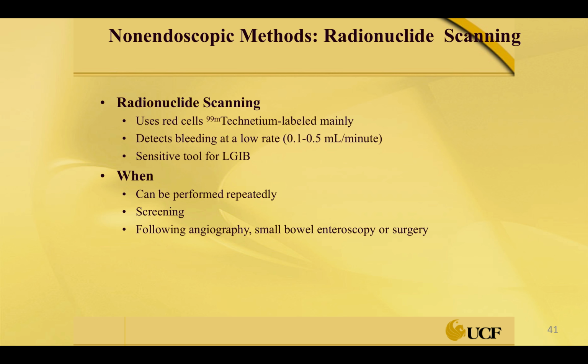So it can capture 0.1 to 0.5 milliliter per minute bleeding. It's a very sensitive tool as well for LGIB. It can be performed repeatedly. It's used as a screening tool, and it can also be used following angiography and small bowel enteroscopy or surgery.